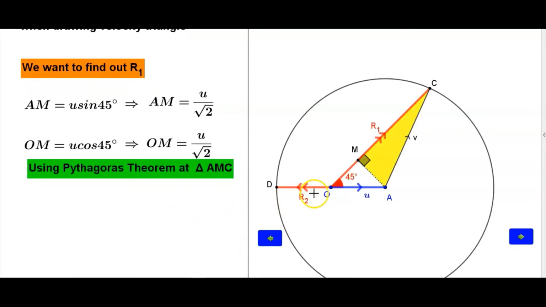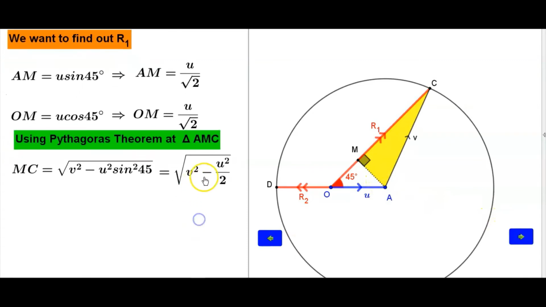Using Pythagoras theorem in triangle AMC, this yellow triangle, MC is equal to the square root of v squared minus AM squared. We know AM is u over root 2, or u sin 45. So MC is the square root of v squared minus (u over root 2) squared, that is u squared by 2.